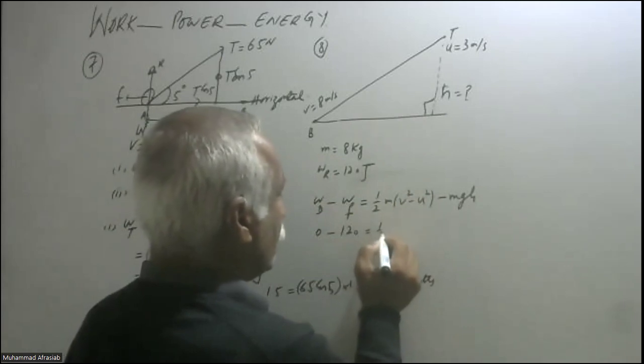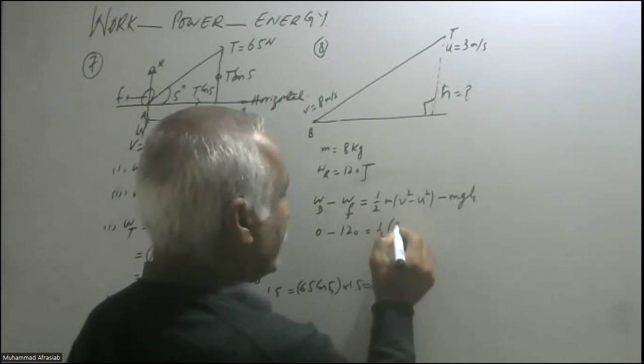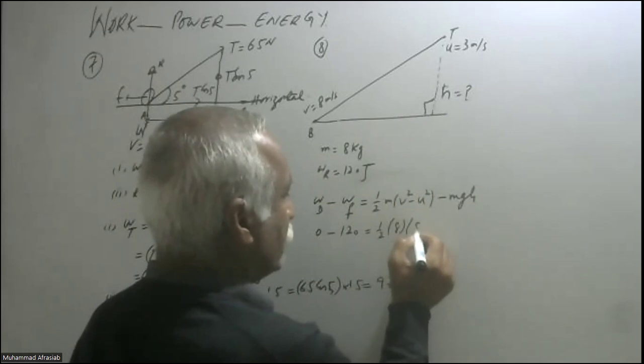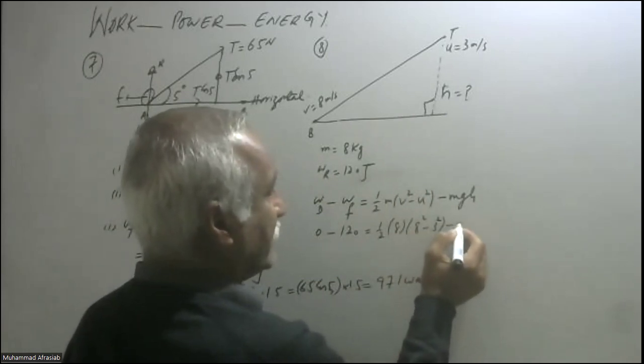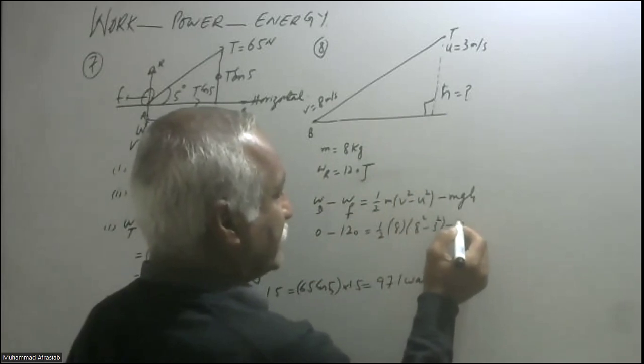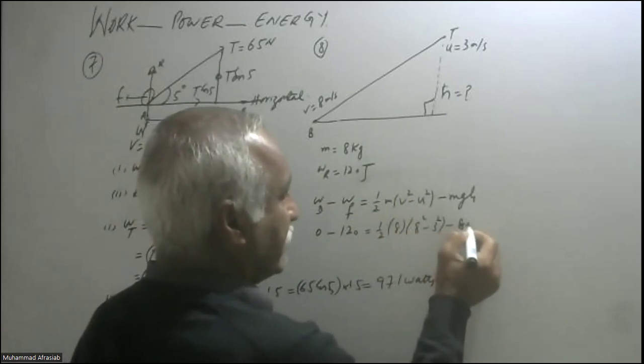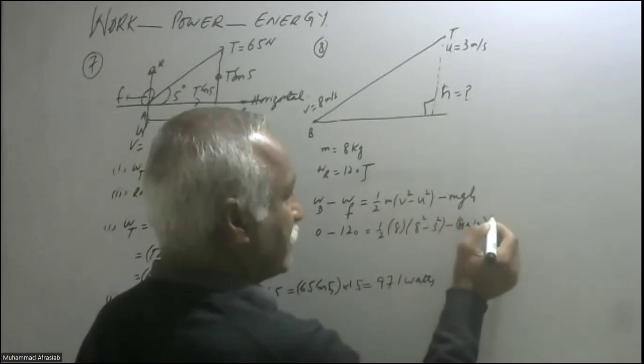That is equal to half the mass, which is 8, into 8 squared minus 3 squared, minus mass 8 into g, which is 10, into the height h.